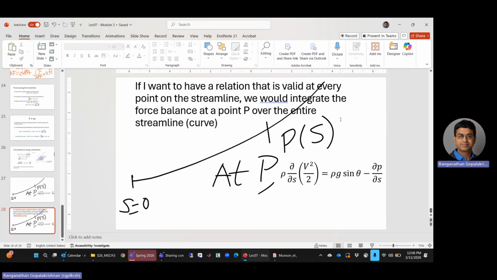Ready to move on? Are we okay? It'll be integrating over this curve, and I'll show you how that is done in a way that's not mathematically very dense. Is everybody okay? Can we move on?